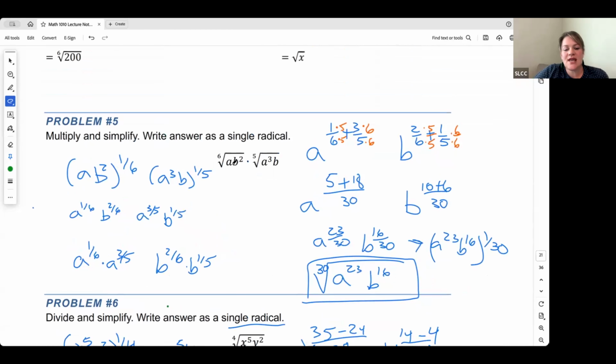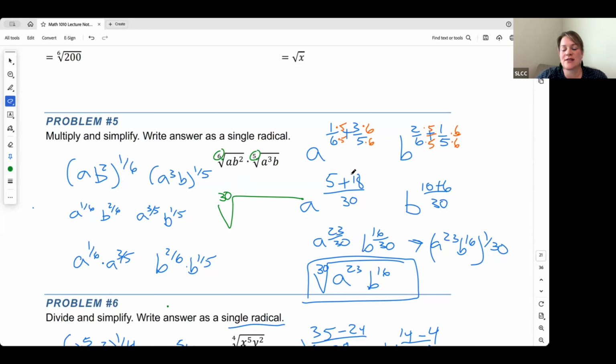Notice that the index will multiply by the other index to get the denominator, right? How do I find a common denominator? You multiply the index. All right, so I know my new index will be 30. That's step 1. And then I want to crisscross.